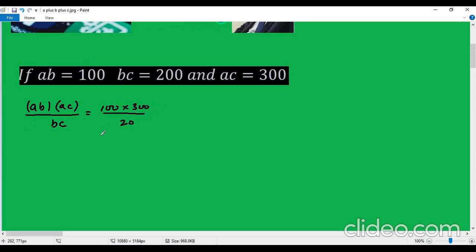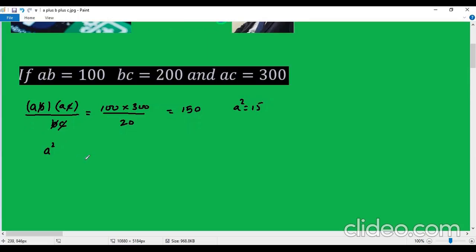Once we calculate, this is going to be 150. But on the right hand side, C is cancelled with C and B is cancelled with B. So ultimately it's going to give us A square. That means the value of A square equals 150.